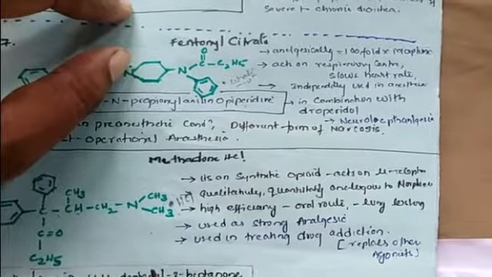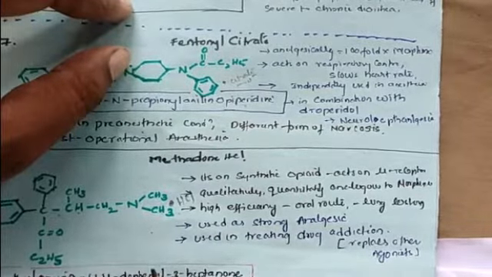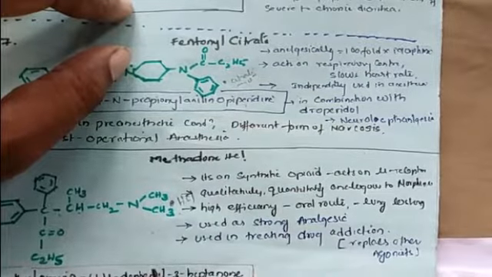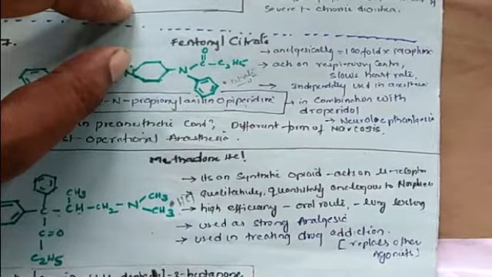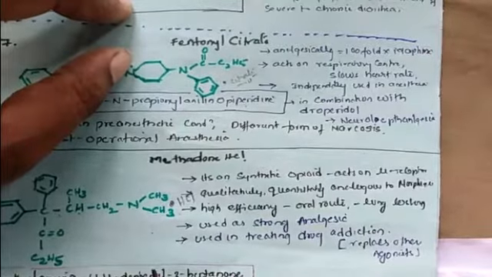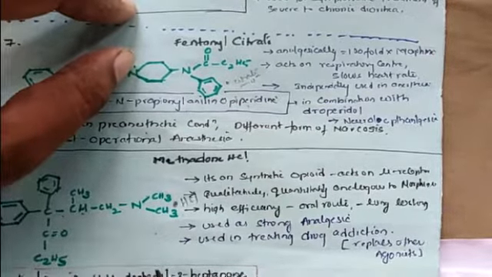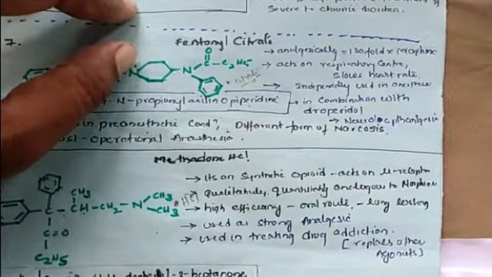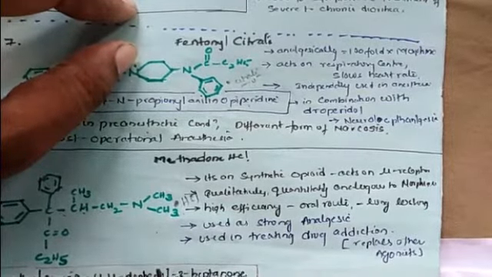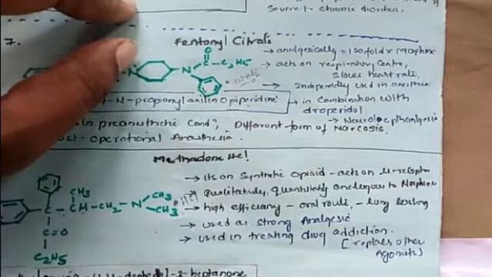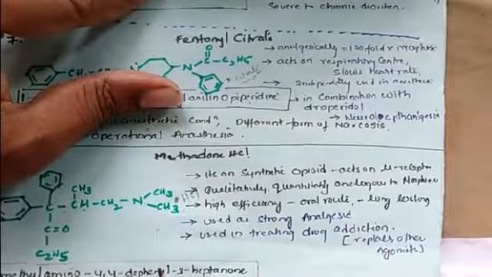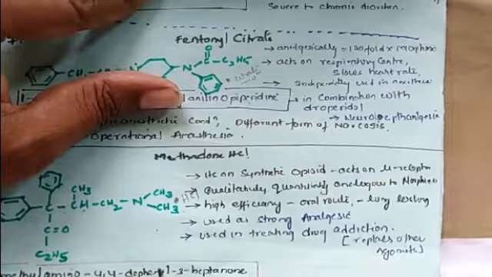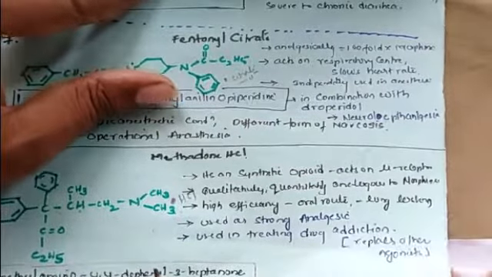Methadone gives the analgesic effect without affecting the respiratory system. If a patient takes morphine, he definitely undergoes respiratory depression. But we can achieve this analgesia without respiratory depression with the use of methadone HCl. That's why it is majorly used for treating drug addiction. It replaces other agonists at the receptor.